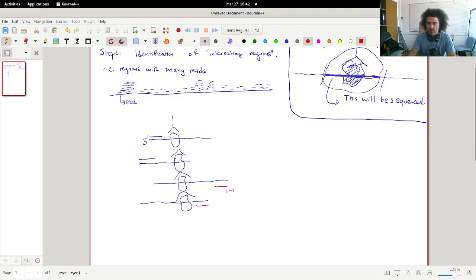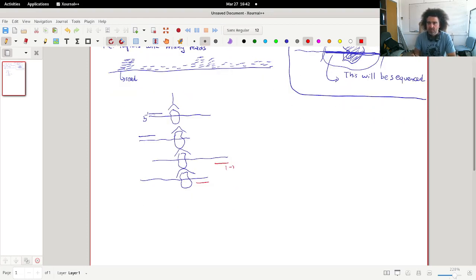So if we sequence many different parts of the DNA that correspond to this protein, then we will get either reads from here, which will correspond to the 5 prime end of the negative strand, or we will get reads from here, which corresponds to the 5 prime end of the positive strand.